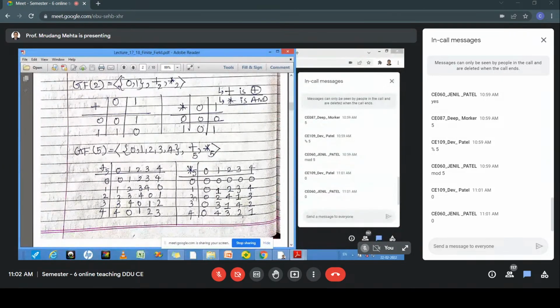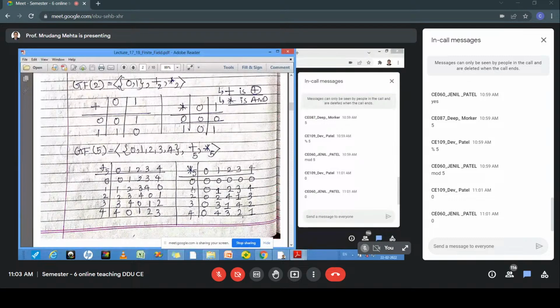Now if you take 2, so 2 multiplied by 0, 2 multiplied by 1, 2 mod 5, 2 multiplied by 2, 4 mod 5, 2 multiplied by 3, 6 mod 5, that is 1, and 2 multiplied by 4, that is 8, 8 mod 5 is 3, right? So 1, 2, 3, 4, 1, 2, 3, 4. Similarly for the others. And the last one is 4 into 4, that is 16. 16 mod 5 is 1.